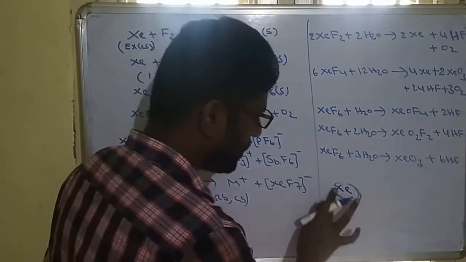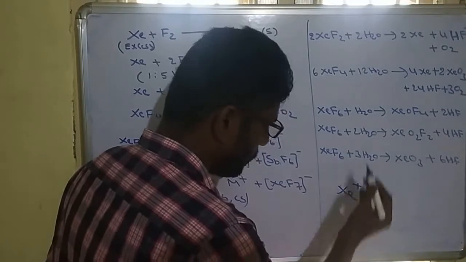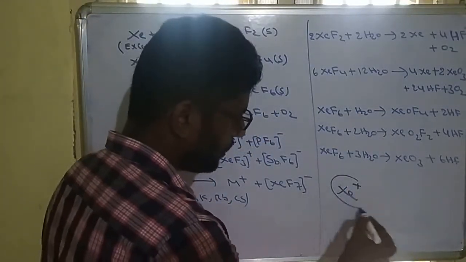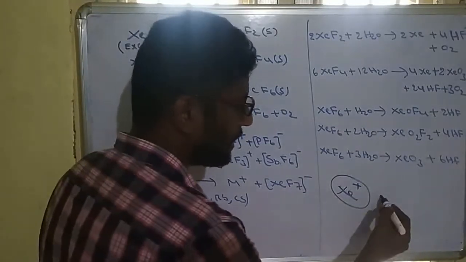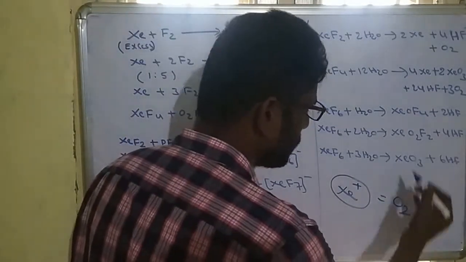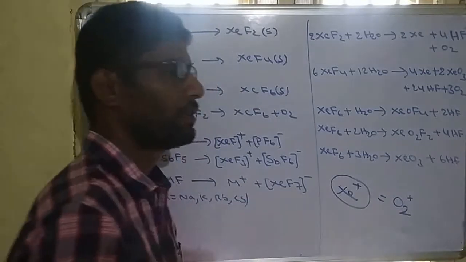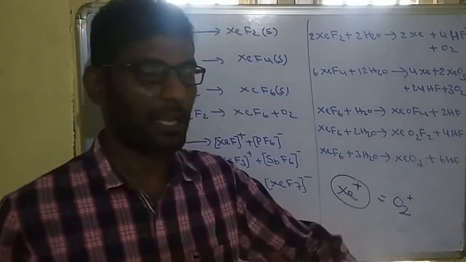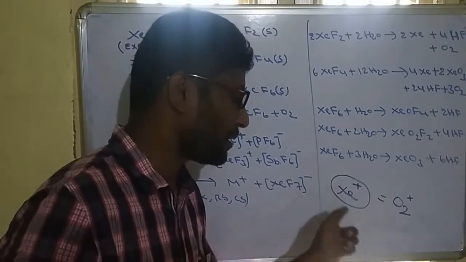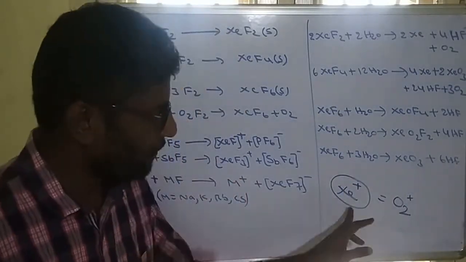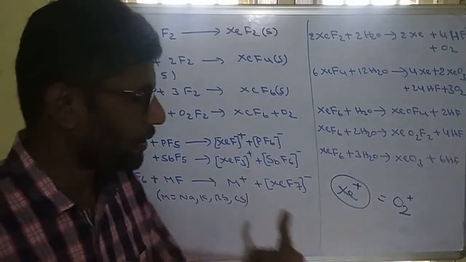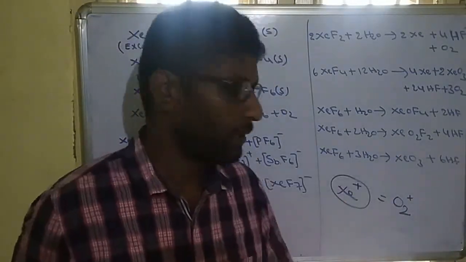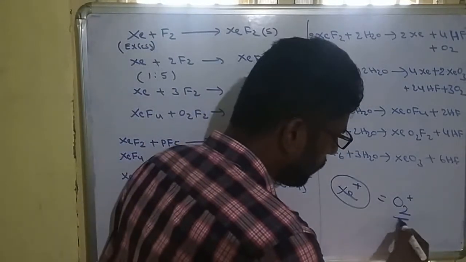That's why xenon can form a positive charge by losing an electron, and this value of ionization energy is nearly equal to the ionization energy of the O2 molecule. The energy required to remove an electron from the O2 molecule is nearly similar to the energy required to remove an electron from the xenon atom. So the first noble gas compound was actually prepared by using the ionization energy of O2.